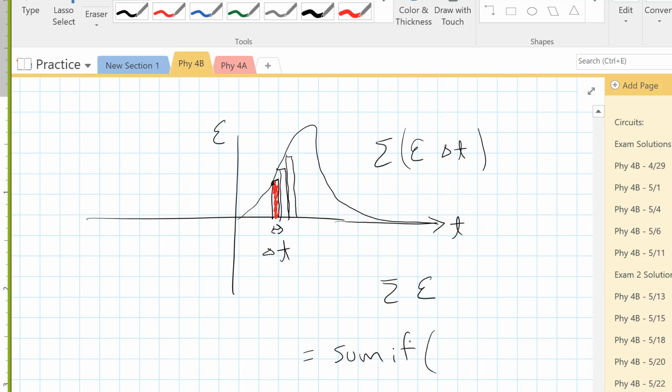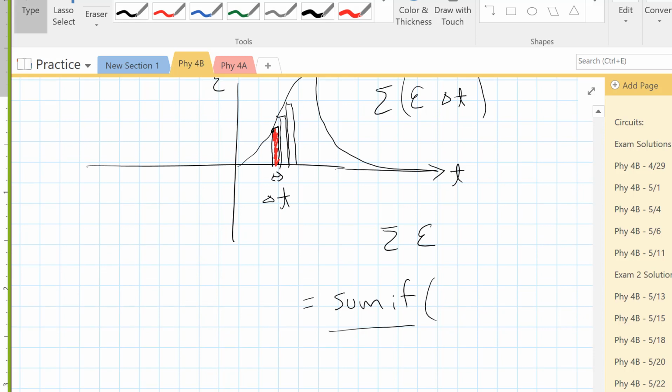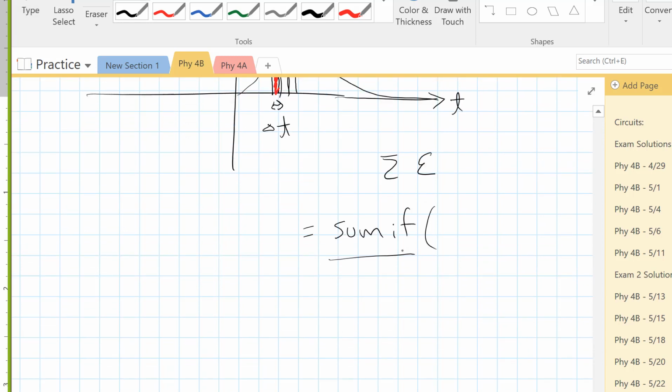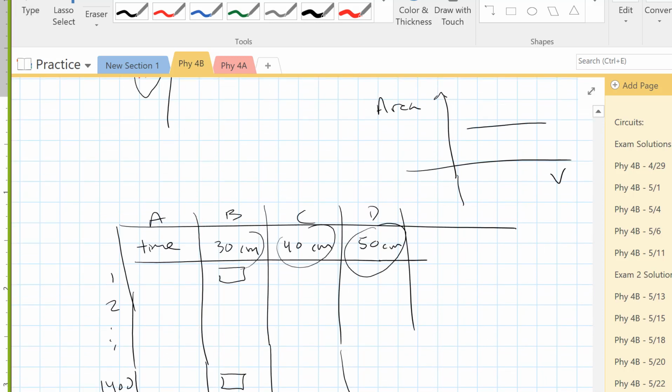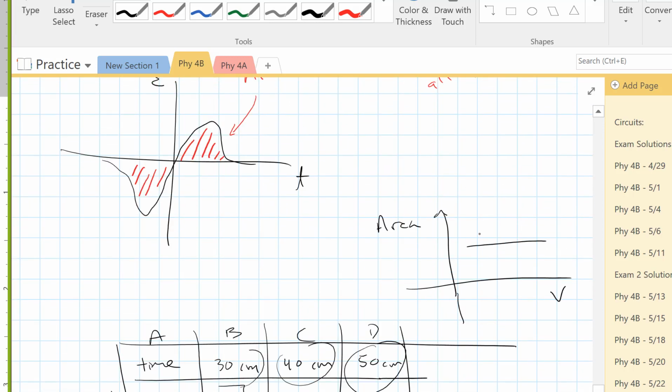So follow the instructions in the write-up on using the sum if. Whatever you add up here is going to be your area basically, or proportional to the area, and you're going to take that value and plot it versus height, and hopefully get a line. It's going to be all over the place, but you're going to do a linear fit.